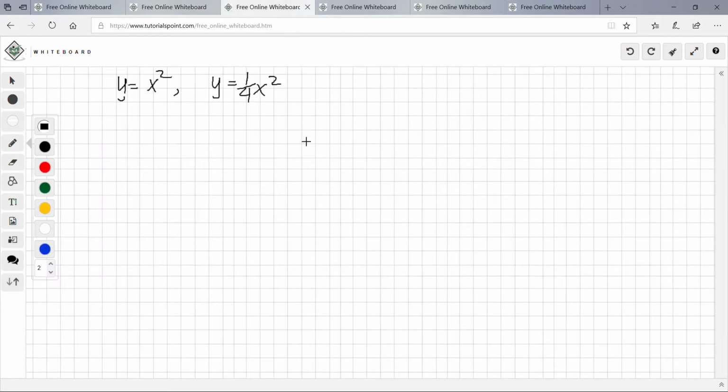So for this one, it's not being shrunk, it's actually being stretched by a factor of 4.